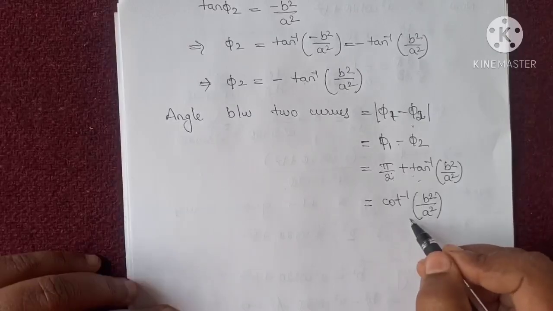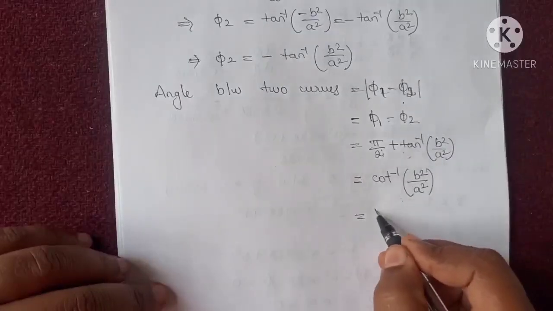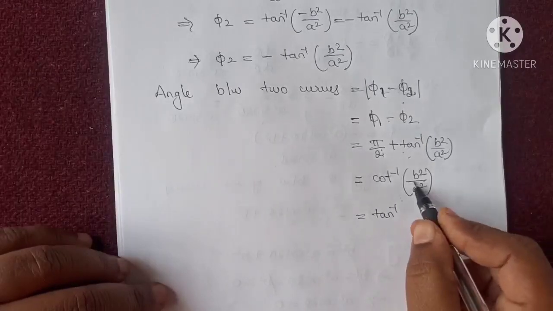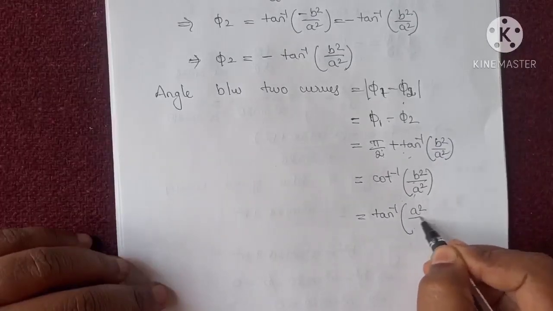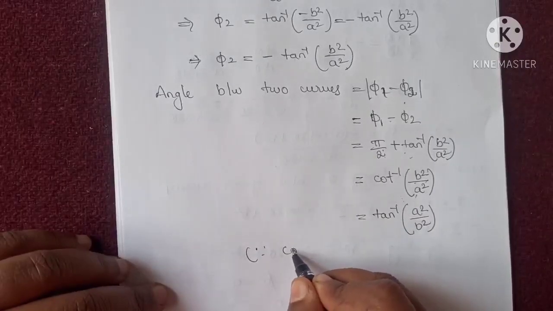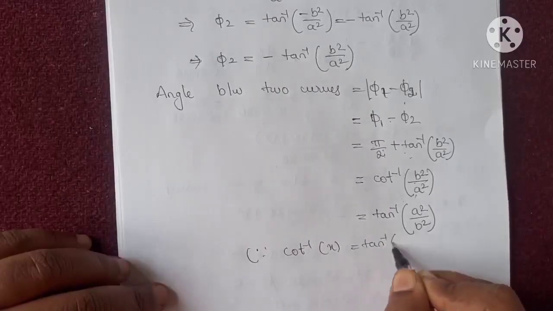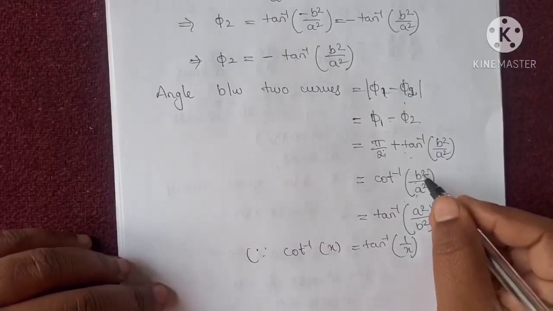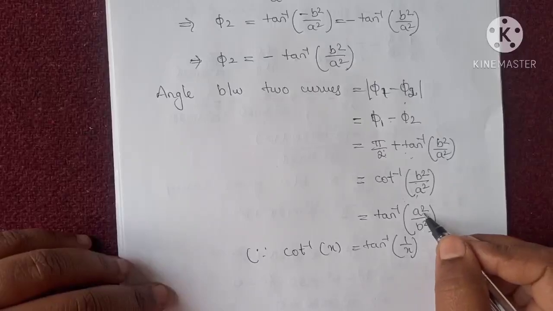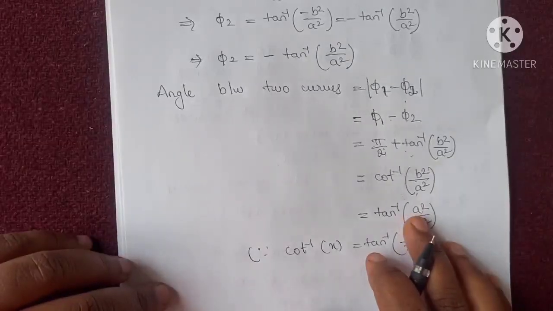So, transforming it into tan inverse, cot inverse of x can be written as tan inverse of 1 by x. Therefore, taking reciprocal, we get a square divided by b square. So, hence the proof.